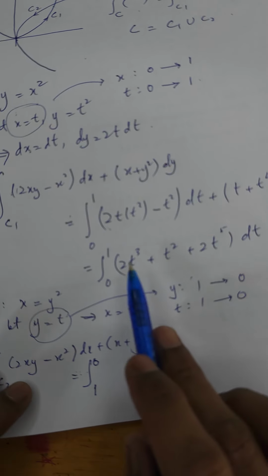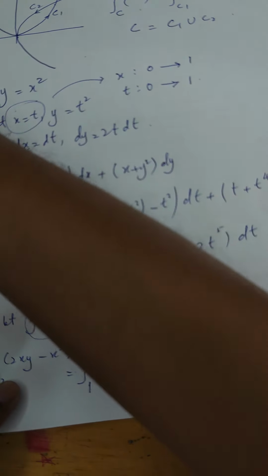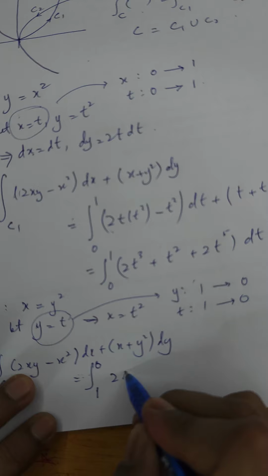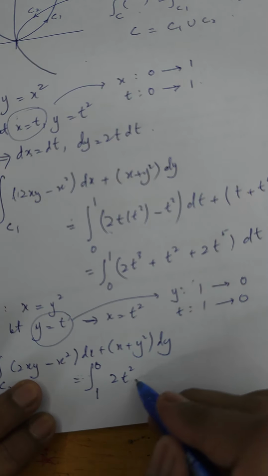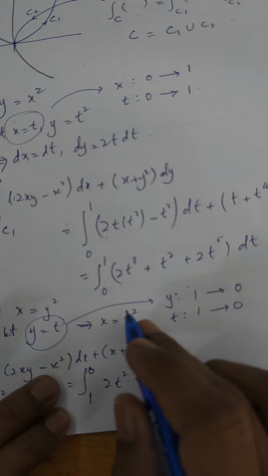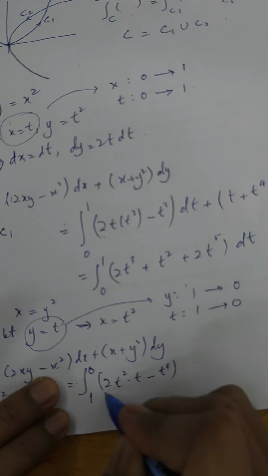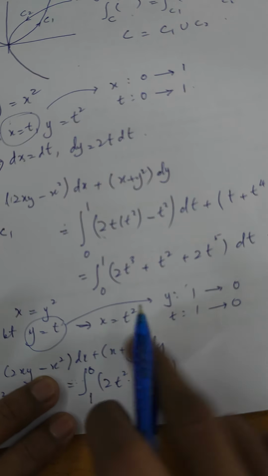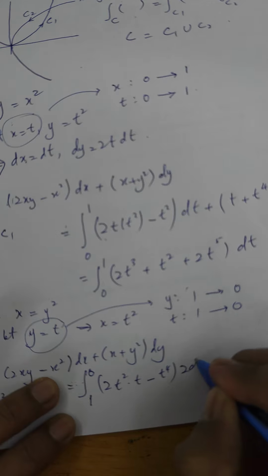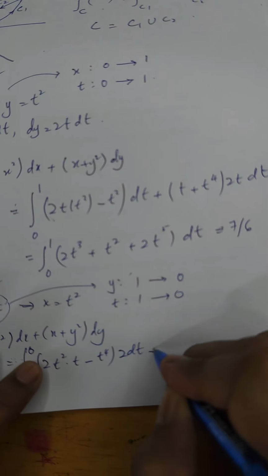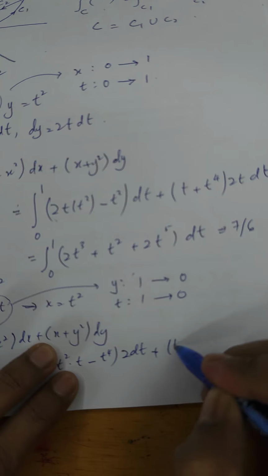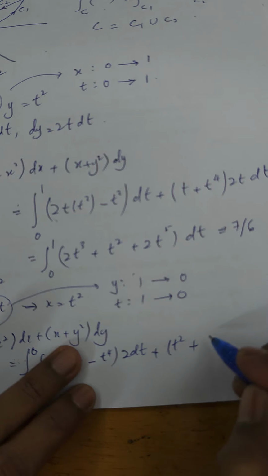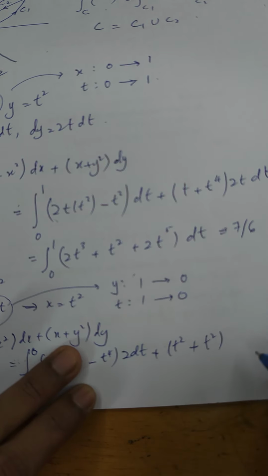Now we have 2x, our x is t squared, our y is t, times t minus x squared, we have t to the 4. Then we have dx, from here this is 2t dt. So 2t dt plus, again x, we have t squared plus y squared is t squared. Correct?